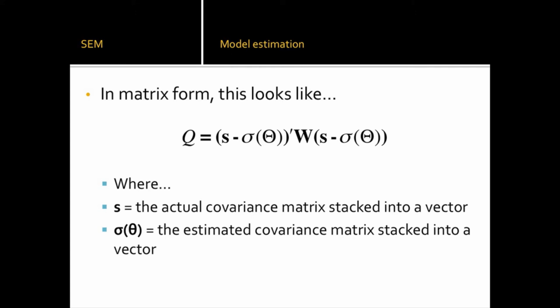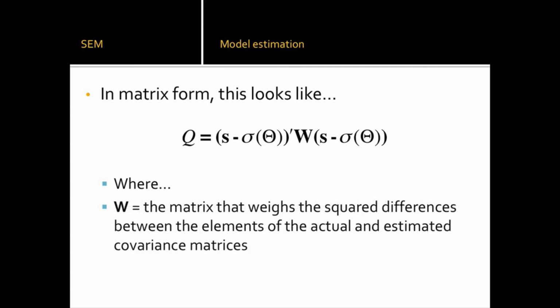This W matrix has been debated by SEM researchers a lot. If you get to the point where you're curious about the W matrix, you kind of generally understand what it's doing, and then you start delving into the different options for a W matrix, then you've made it as far as I have, because I haven't really made it past that point, nor have I needed to in my studies.